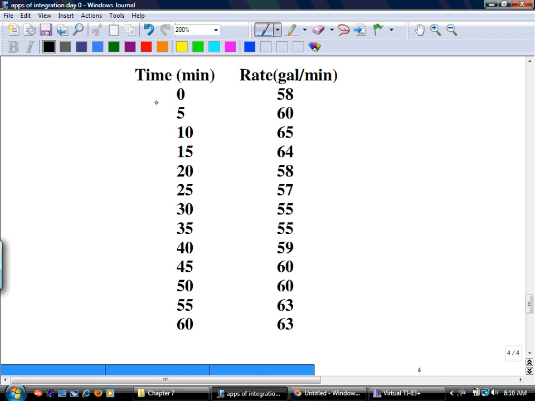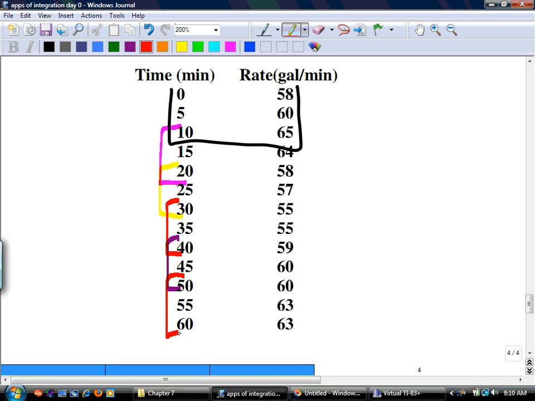Can we get away with groups of 3? You have to be careful how you do it. You have to overlap them. 1, 2, 3, 4, 5, 6. Are we doing trapezoids? Are we doing endpoints? What are we doing?